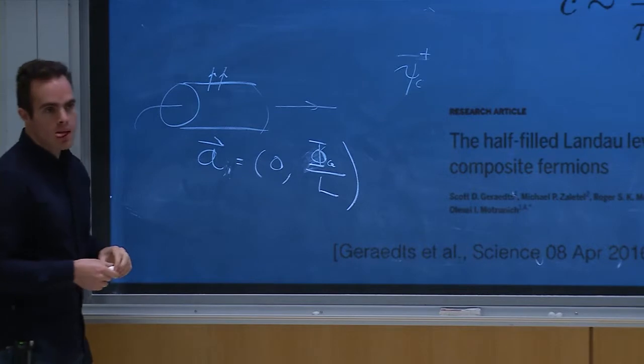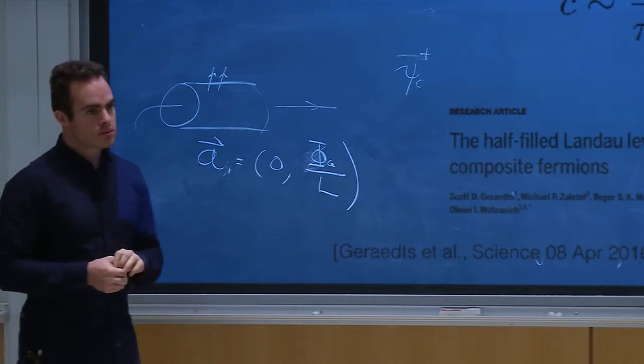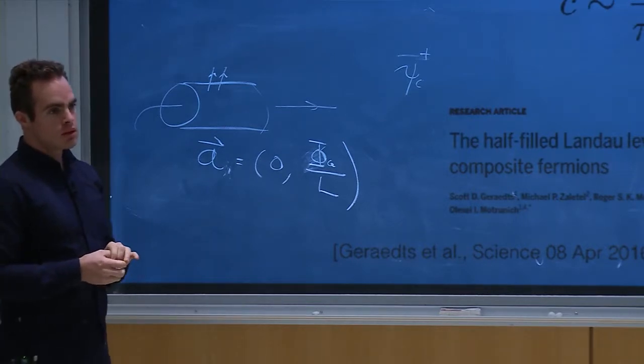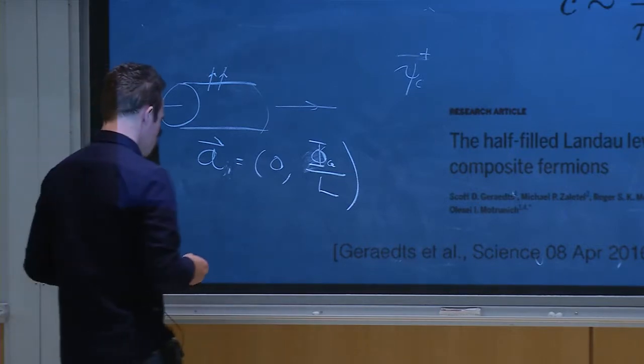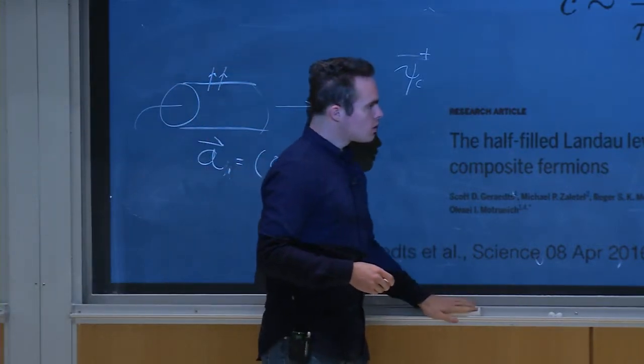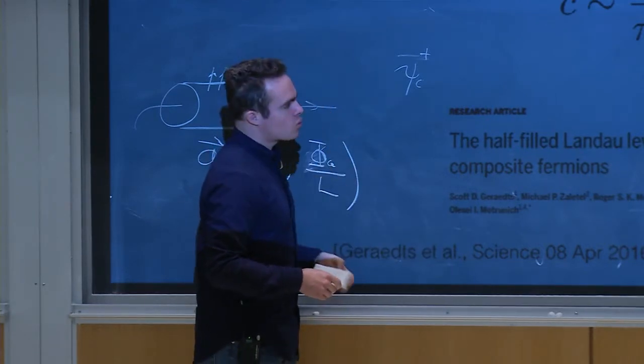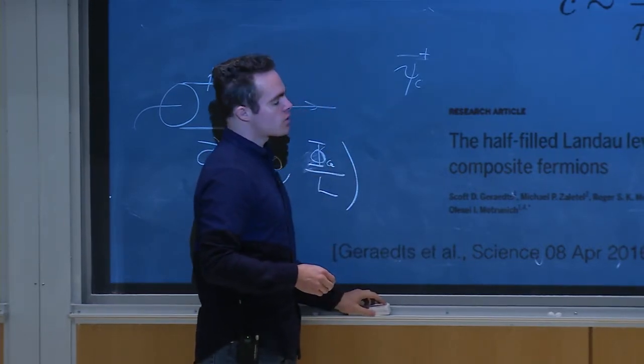So this gamma effect being 1 would disappear in the limit L is infinite. In the 2D limit it is invisible. So you can't see it directly in the 2D limit, but you can see it on the cylinder. So I'll be a little bit schematic about where this -1 comes from.